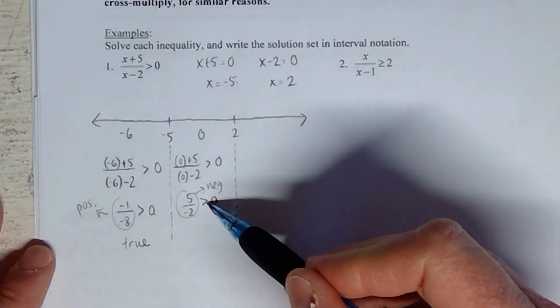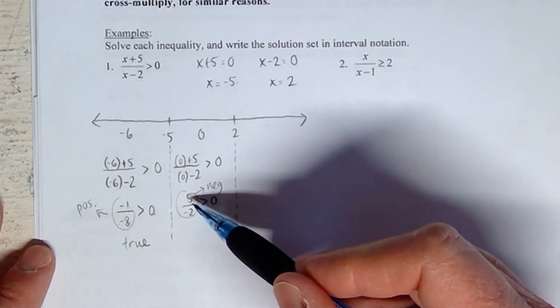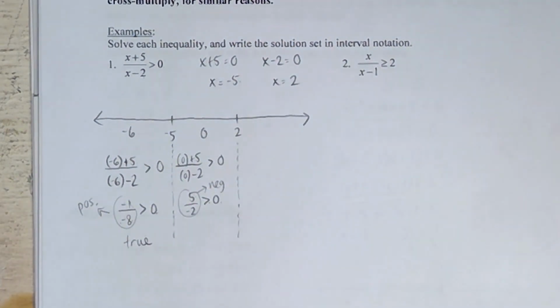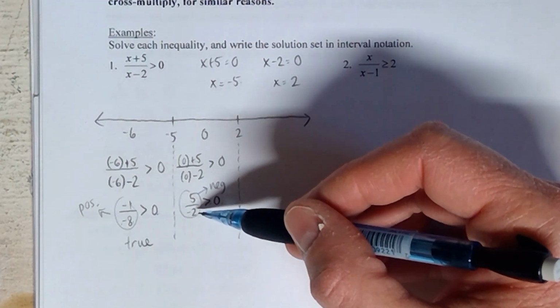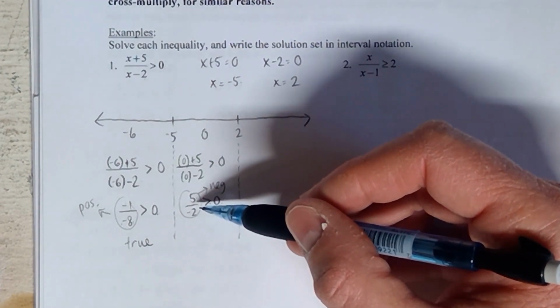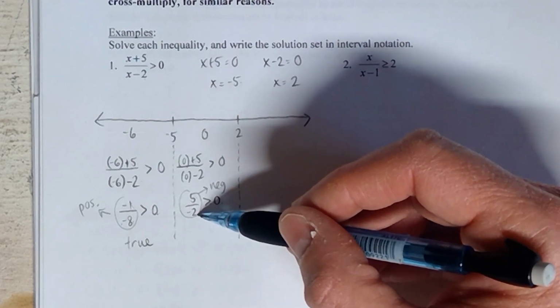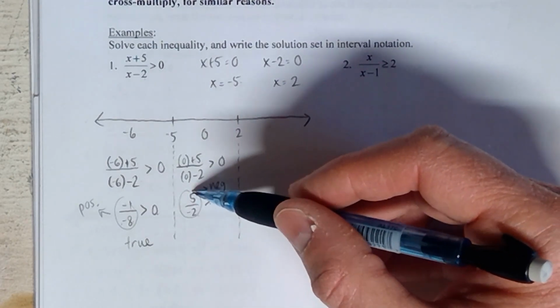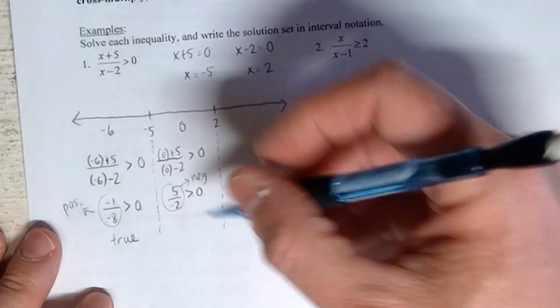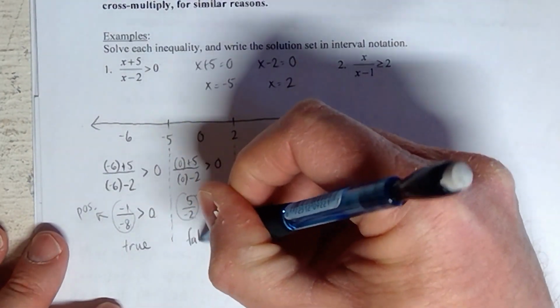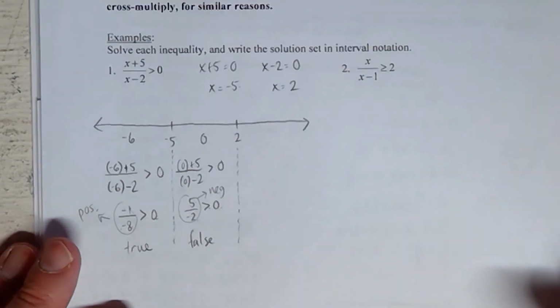And a negative answer is not greater than 0. And it doesn't matter what that fraction is equal to. You could put this in your calculator and it would say -2.5. But you don't even need to do that. You just know that it's negative, and that's all that you need to know, because any negative number is not going to be greater than 0. That would always be false when you get a negative greater than 0. Always.